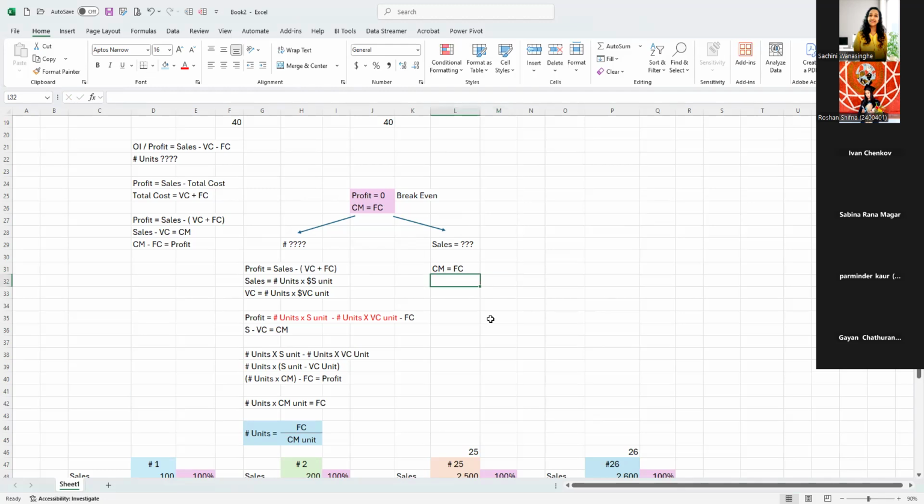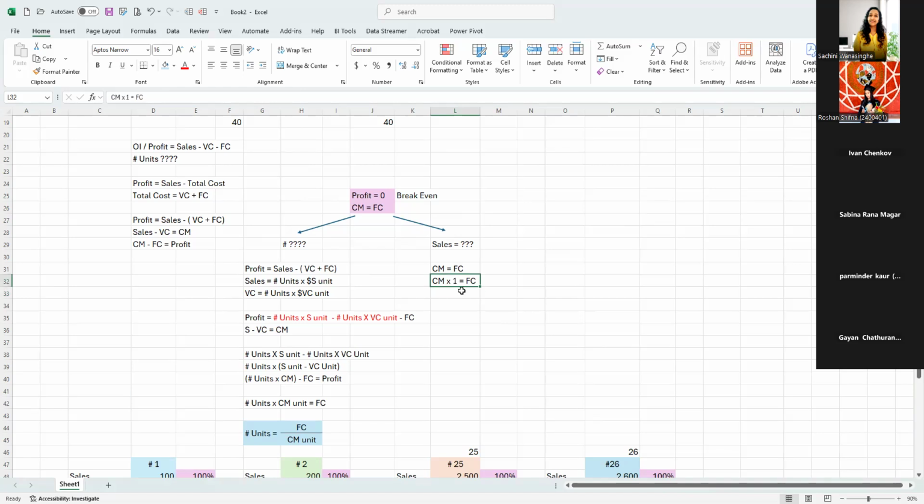Now, can I do this? Contribution margin times 1 is equal to the fixed cost. Am I changing the formula? Did I change the formula, people? Yes, sir. How? I added 1.